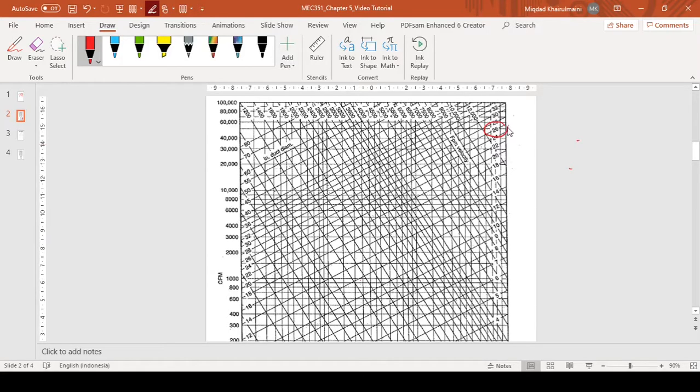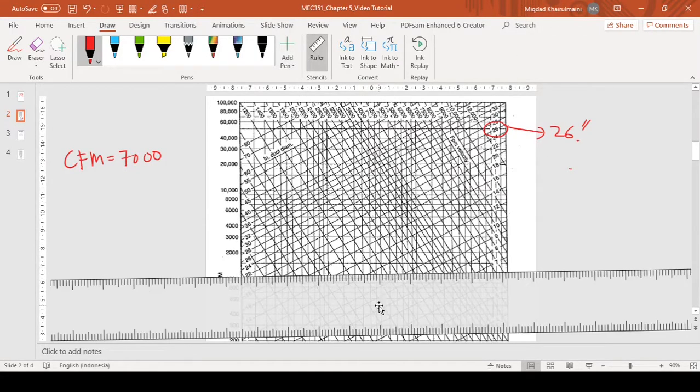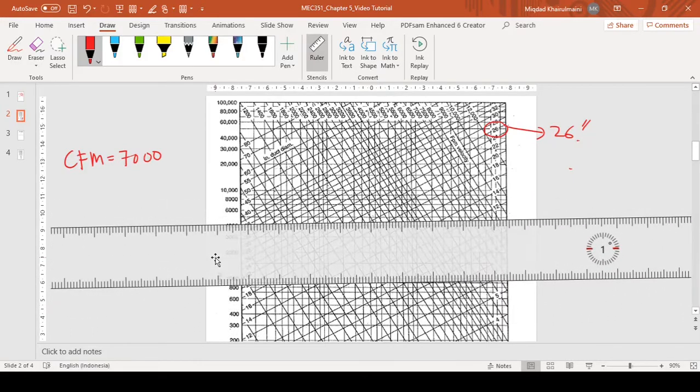That is our duct diameter, which we have converted just now, 26 inches. Now we know that the CFM is 7,000. Using the ruler again, look for 7,000.